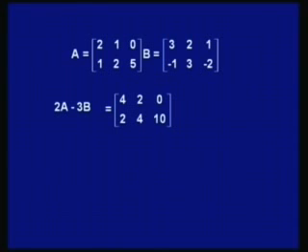Minus 3B means each element of the B matrix is multiplied by 3. So, it is 9, 6, 3, minus 3, 9 and minus 6.